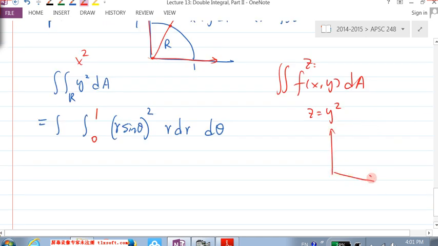If you draw z equal to y squared in the zy plane, it's a parabola, right? But this is a 3D case. So what do you do with this? You extend this parabola to the positive and negative x axis.